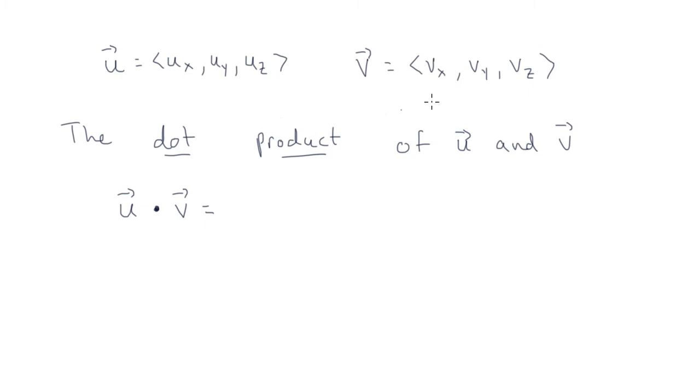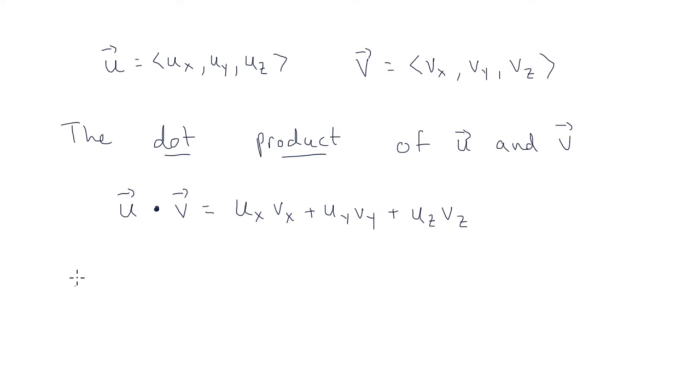We take the x components and multiply them together, so ux times vx, and then plus take the y components and multiply them together, and then plus take the z components and multiply them together, just like that.